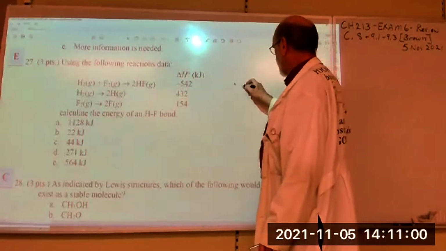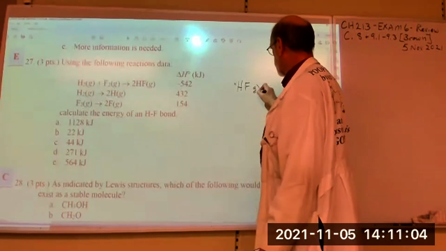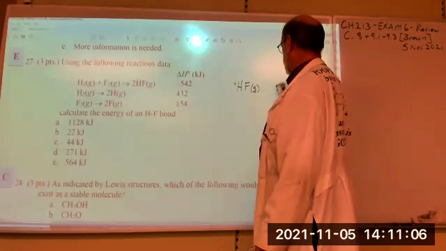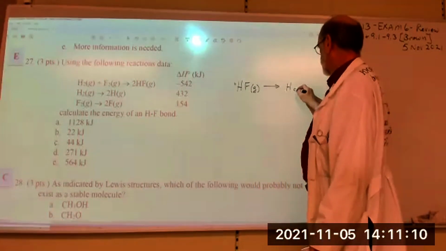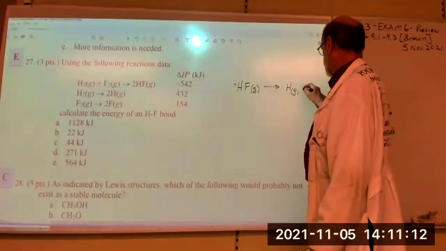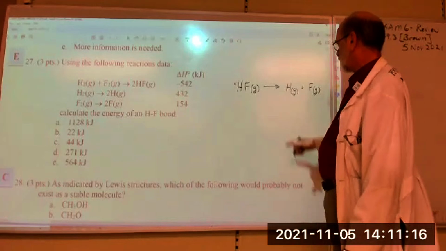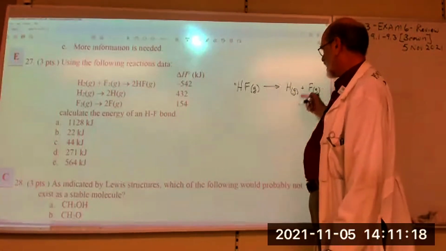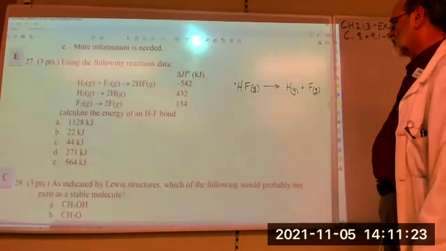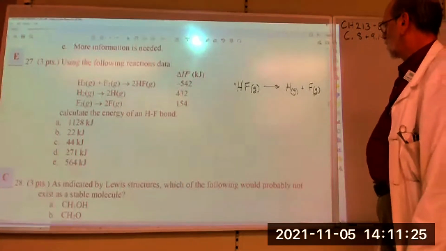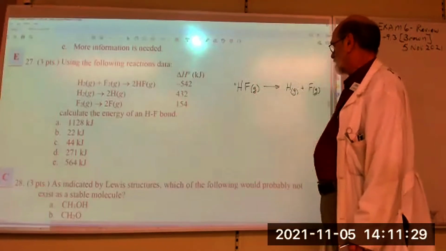So what we need is to take an HF gas and separate it. Right? How much energy do we have to put in to make that happen? Does that look reasonable? This is our target equation. So we've got to add those together to get that.